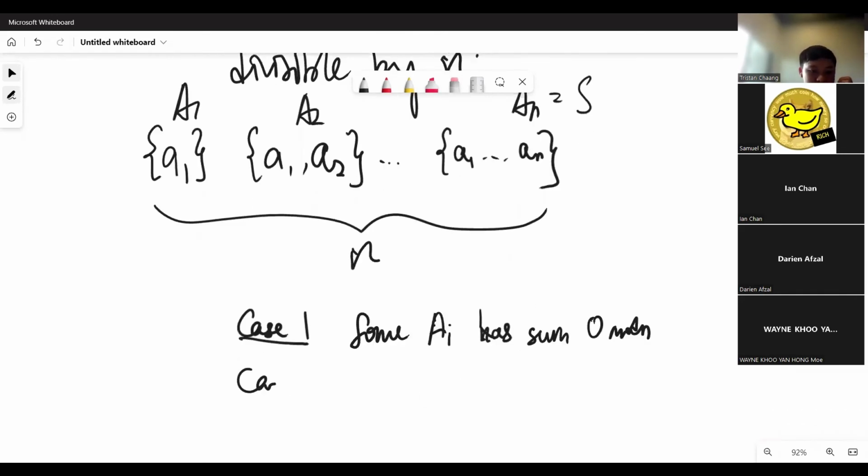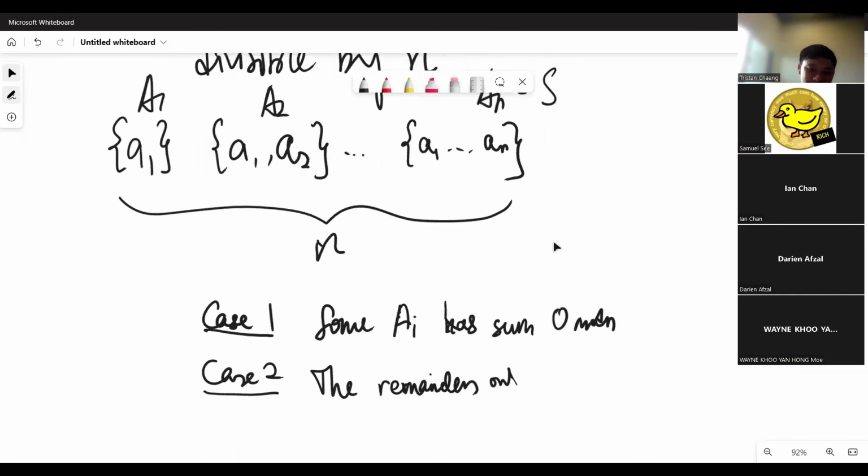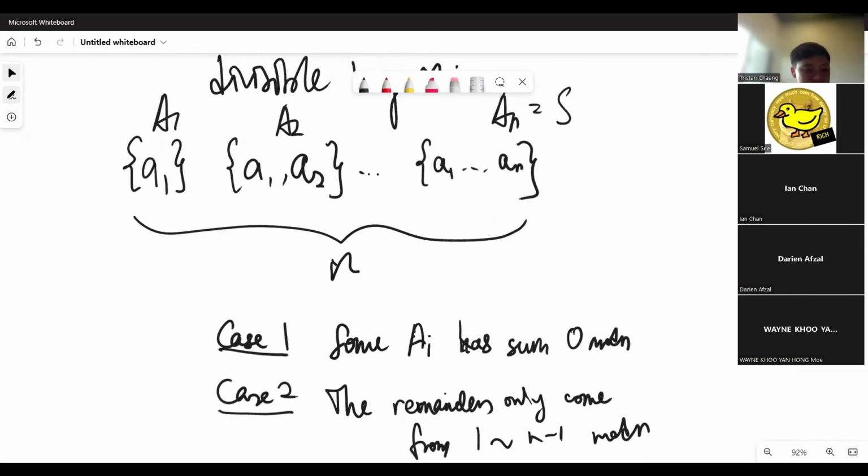And case 2, the remainders only come from 1 to n minus 1 mod n. But in that case, we have n minus 1 remainders, we have n of them, 2 of them must be the same, and subtract. And yes, that's a proof for this. Okay, let's move on to the next one.